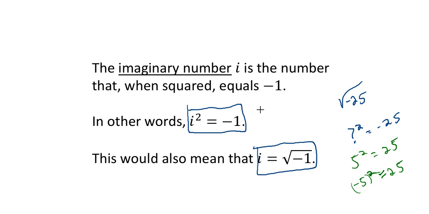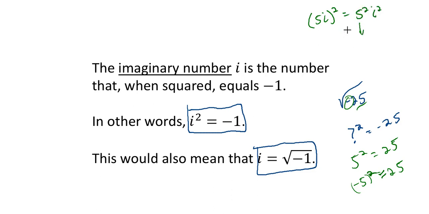So the imaginary number will give me the negative sign that I need. I already know how to get the 25, right? 5 squared will give me 25, but to get that negative sign, I need to have an i with that. So if I take 5i and I square that, I'll get 5 squared times i squared.